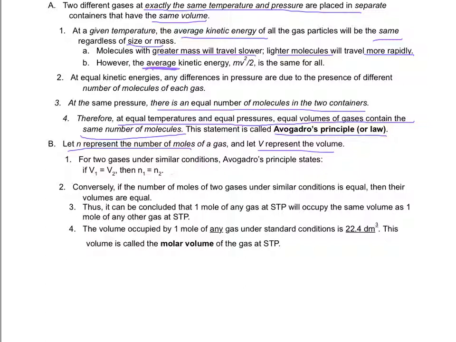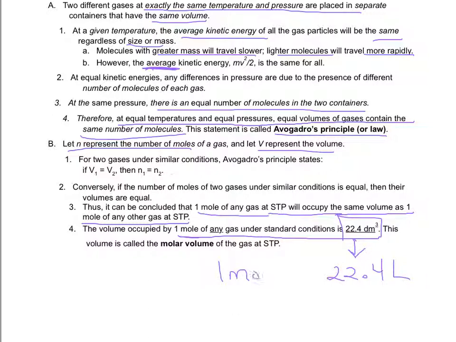So the law is, it can be concluded that 1 mole of any gas at standard temperature and pressure, that is a set pressure and a set temperature, will occupy the same volume as 1 mole of any other gas at standard temperature and pressure. So the volume occupied by 1 mole is always going to be the same volume. And they have that listed as 22.4 decimeters cubed. An easier and more common thing to say is 22.4 liters.